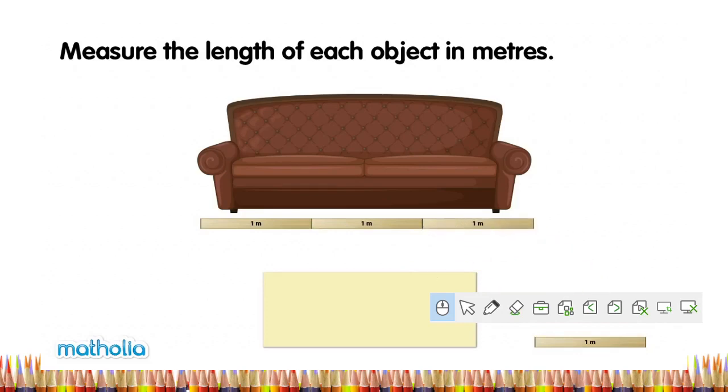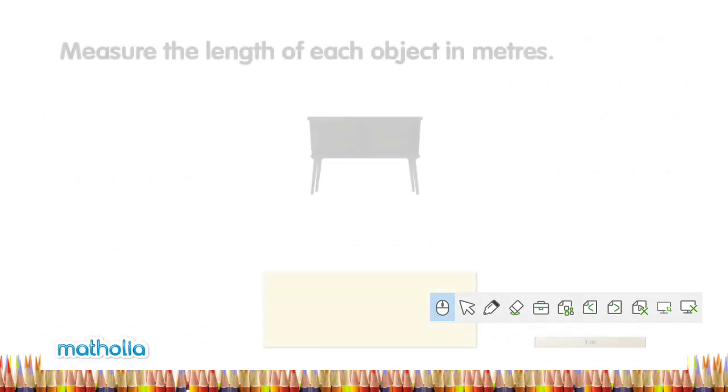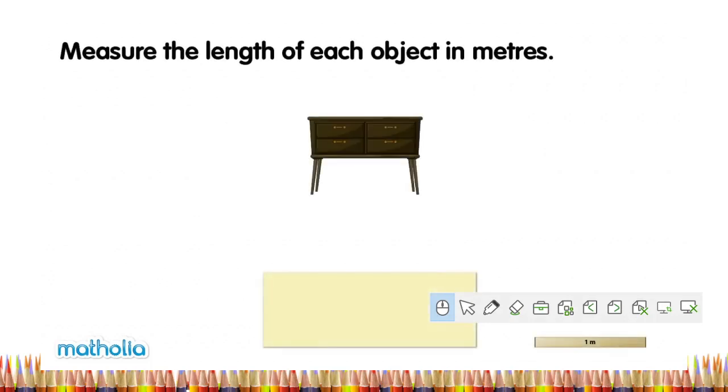The sofa is about 3 meters long. 3 meters. You said 3 meters, you are correct. Measure the length of the drawers. Only 1. The drawers are about 1 meter long. 1 meter.